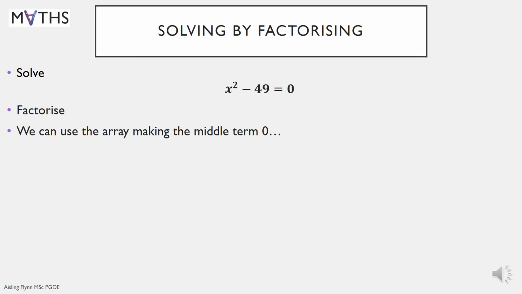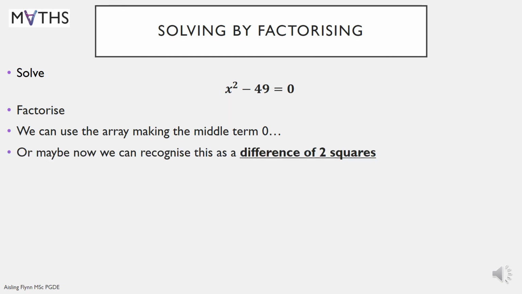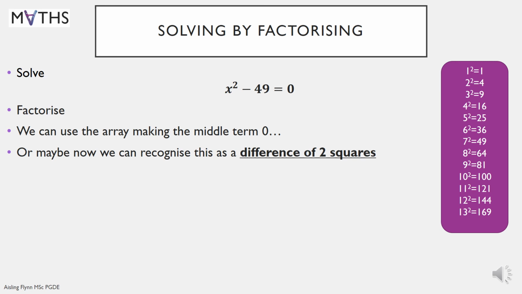But hopefully from your multiplication, you may have noticed, and maybe now you can recognize this as the difference of 2 squares. So when the middle term is 0, there's no middle term, it was the difference of 2 squares. And with time, you'll get more familiar with the squared numbers. They're on your right. So you can see that 49 is 7 squared.